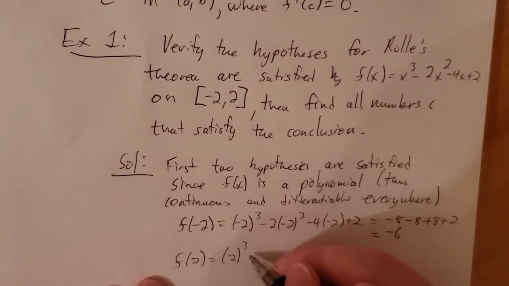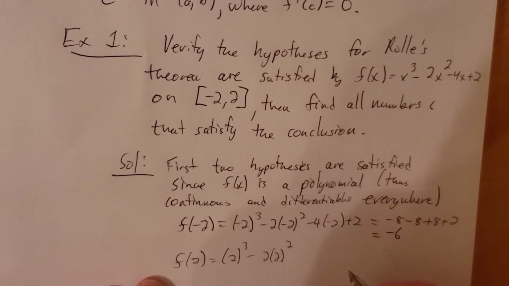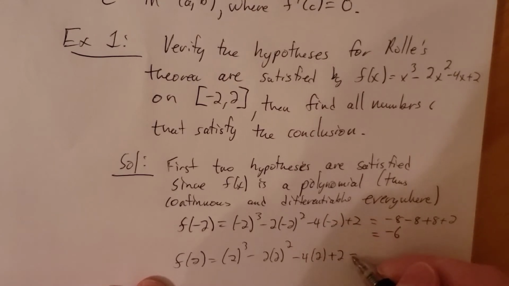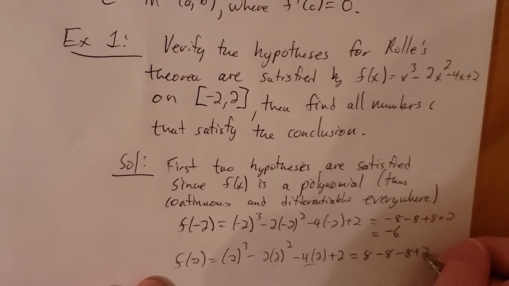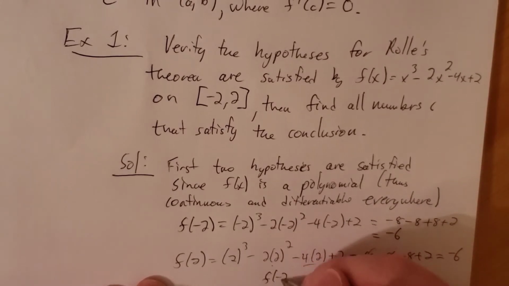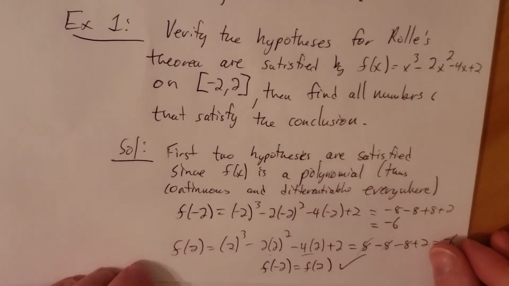This is 2 cubed minus 2 times 2 squared and minus 4 times 2 plus 2. Well, this is 8 minus 8 minus 8 plus 2. Those cancel. We get negative 8 plus 2 is negative 6. So, in fact, f of negative 2 does equal f of positive 2. So, we are good there. All right, so that's the first part of the question.